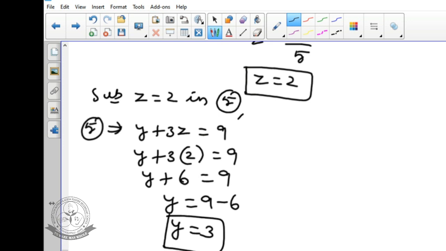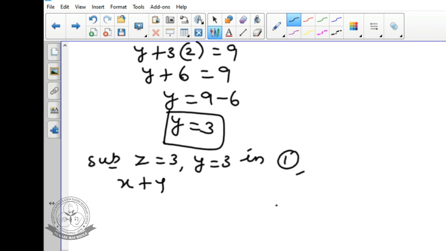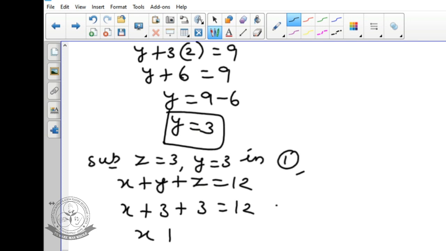Substitute z equal to 2, y equal to 3 in equation 1. Equation 1 is x plus y plus z equal to 12. So x plus 3 plus 2, that is 5, equal to 12.